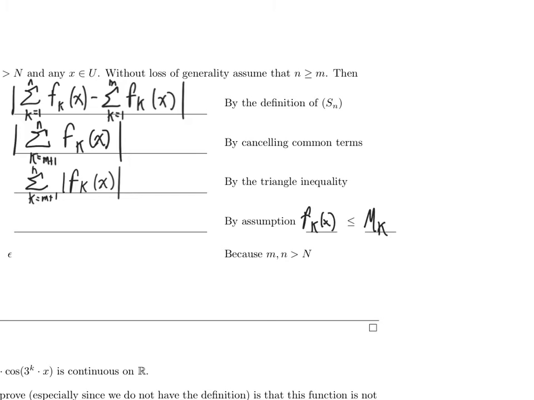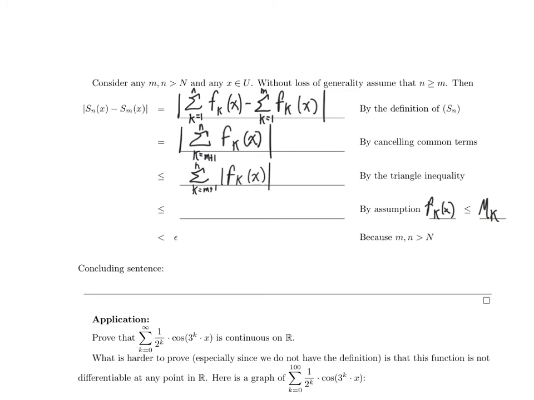I know it's stated in the assumptions with sub n's instead of sub k's, but that's okay. So that means I can replace all of those f_k's with M_k's, making the whole thing a little bit bigger. So that's less than or equal to the sum from k equals m plus 1 up to n of M_k.